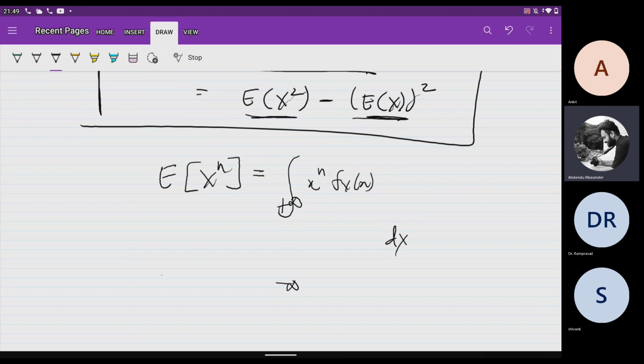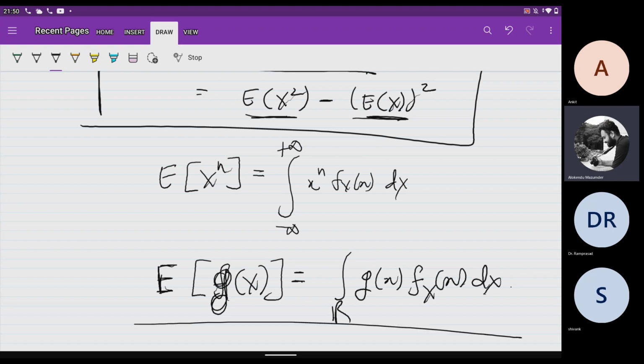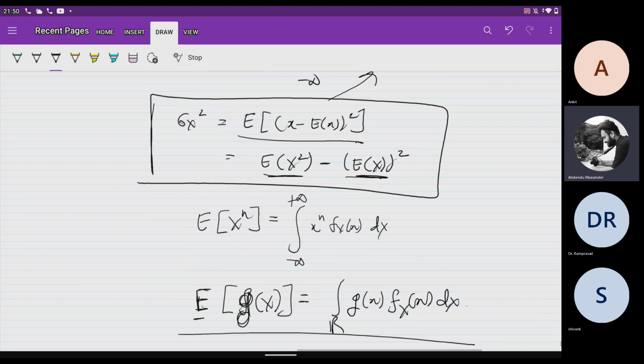Or if you have any function g of a random variable, the expectation will be the integral of g of x times the density function. So expectation is basically an operator which can be written like this. So this is the formula of variance. Fine. So far, any doubt?